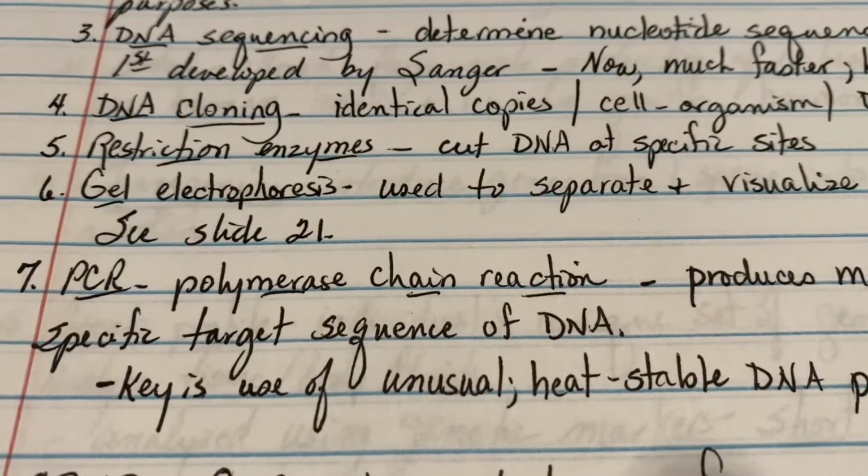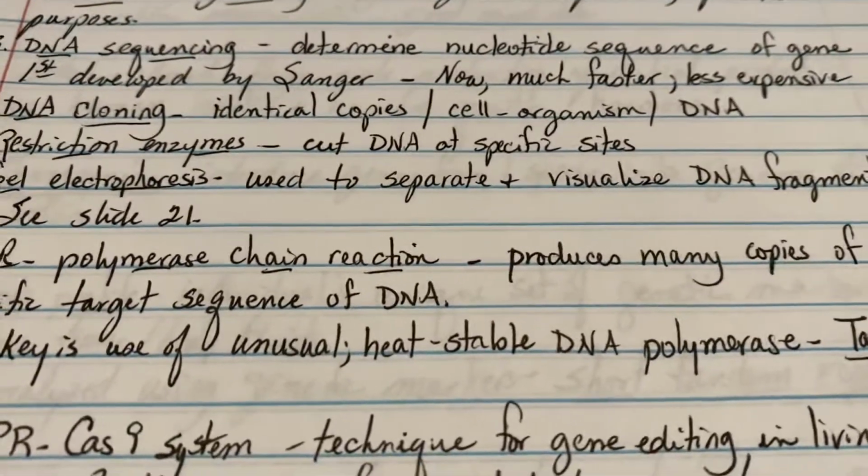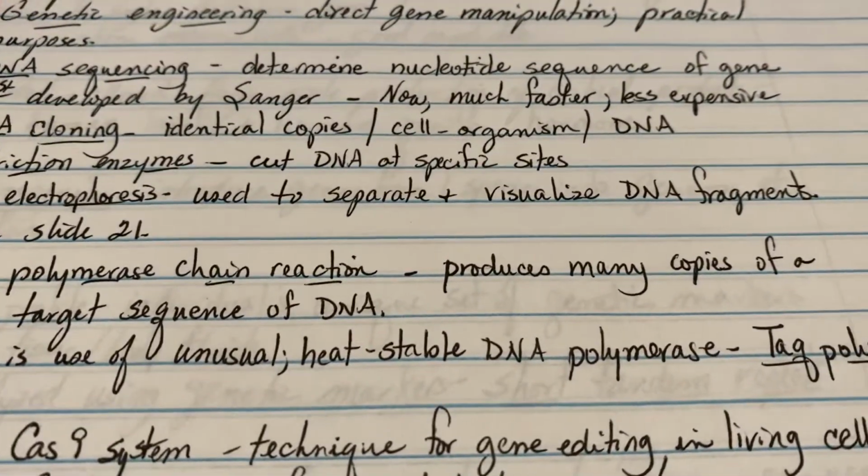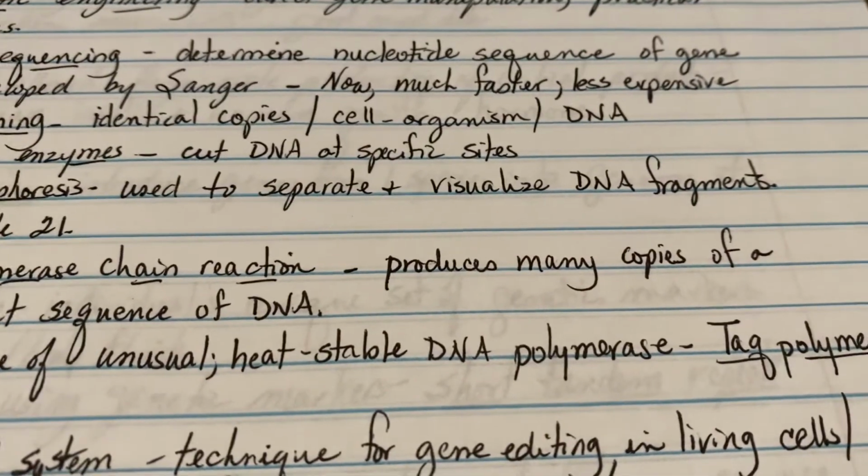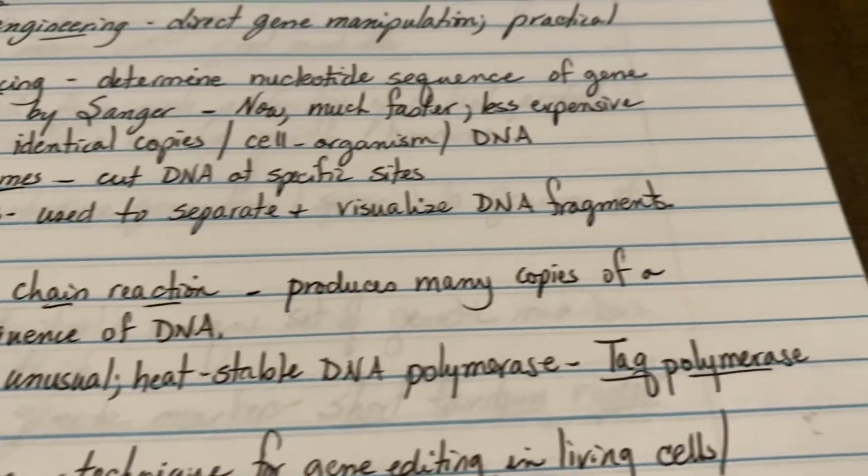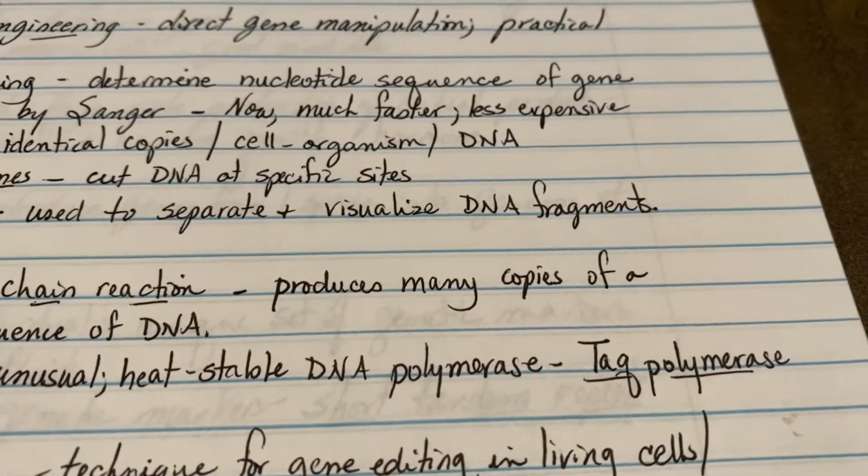The key to PCR was finding a very unusual heat-stable DNA polymerase that could be used in the process called Taq polymerase.